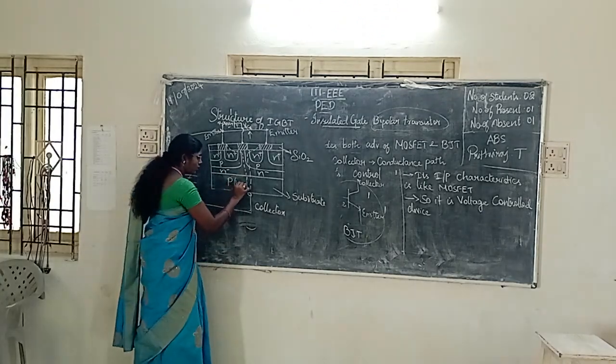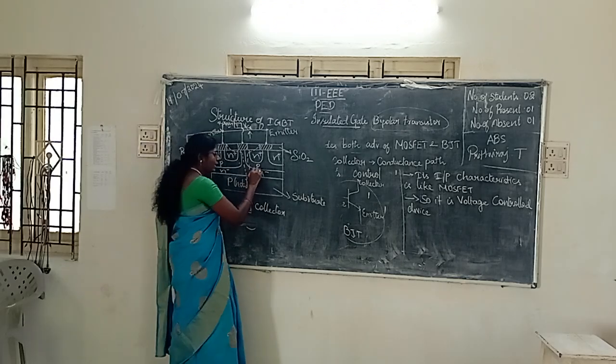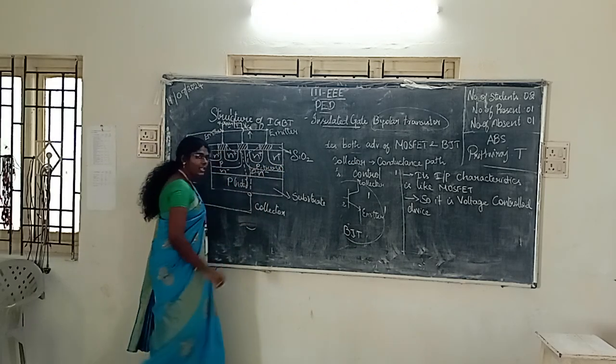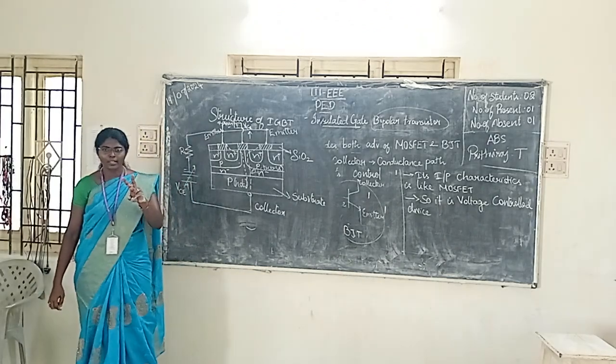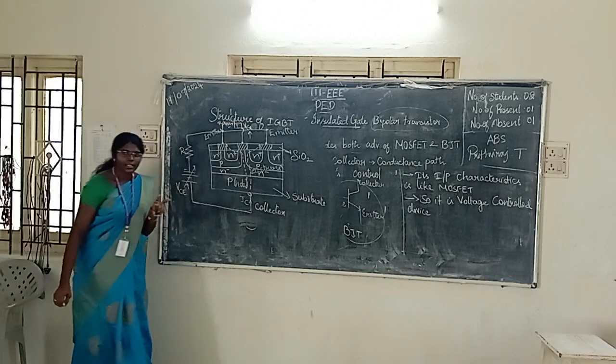In the p-type semiconductor, holes will be there, and in the n-type semiconductor, electrons will be there. So we can say two currents are flowing there. This current you can say is the collector current.